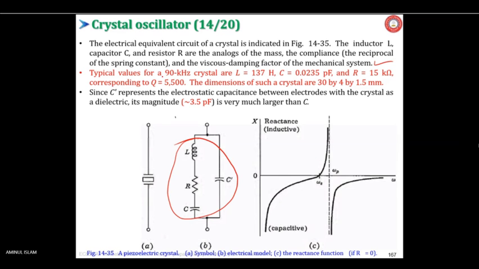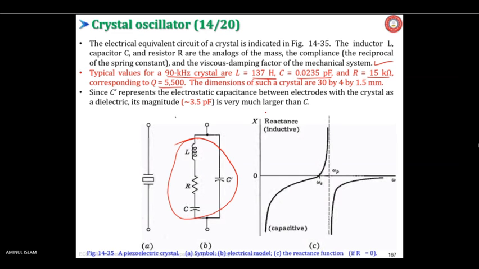The typical values for a 90 kilohertz crystal are L equals 130 nanohenry, C equals 0.0235 picofarad, and R equals 15 kilo ohm, which corresponds to a Q factor of 5500.